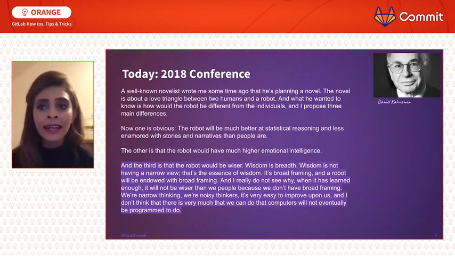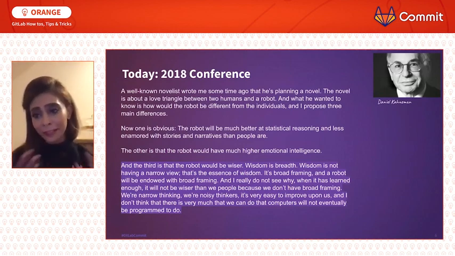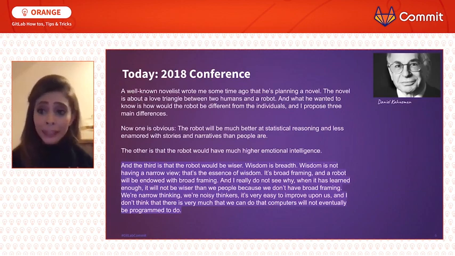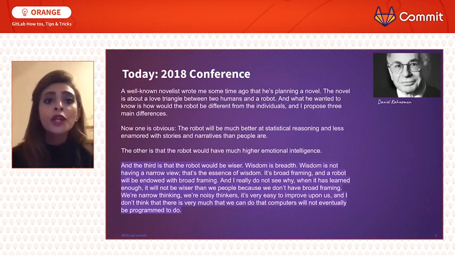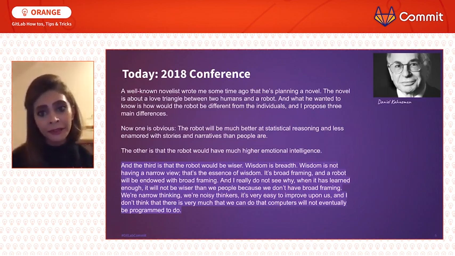And Professor Kahneman ends the conference with this tale, which is my favorite AI tale and very, very relevant to MLOps. So the tale goes like this. A well-known novelist wrote me some time ago that he's planning a novel. The novel is about a love triangle between two humans and a robot.